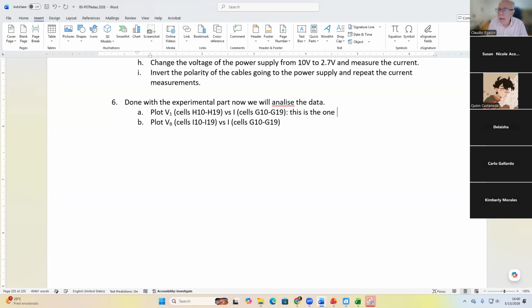This is the graph for the ohmic element. And this is the graph for the non-ohmic element. Here you go, like that.